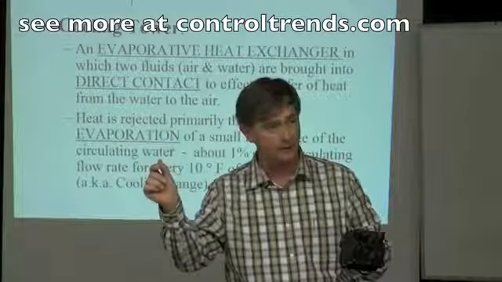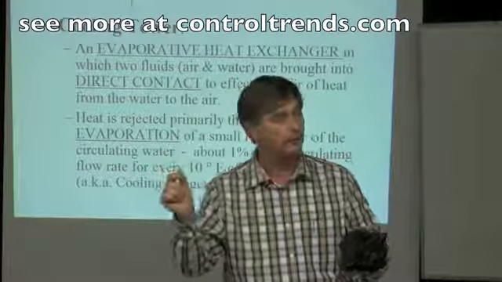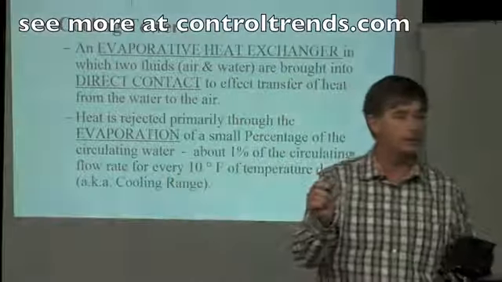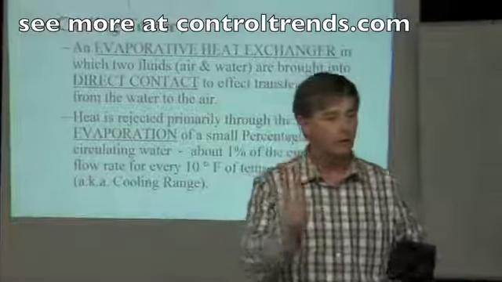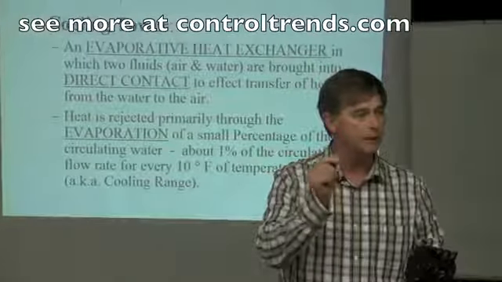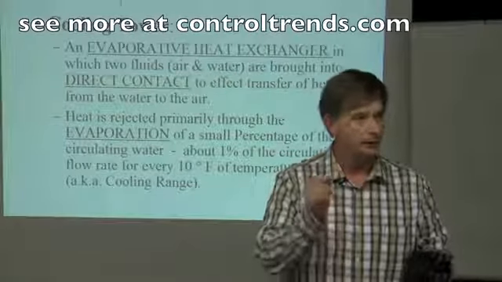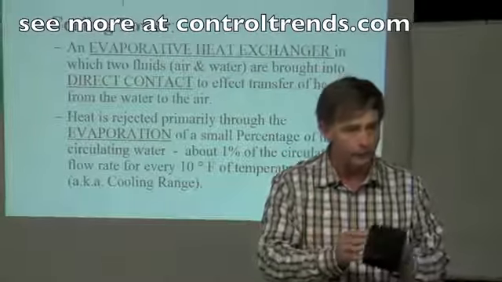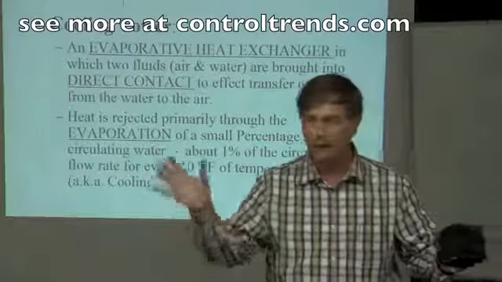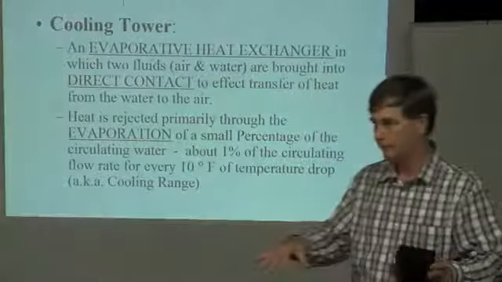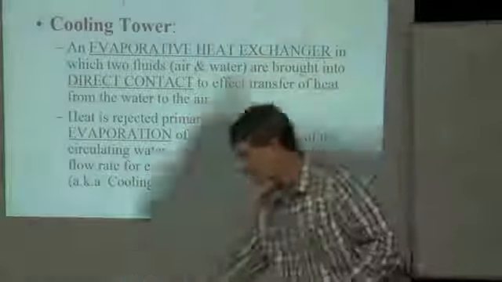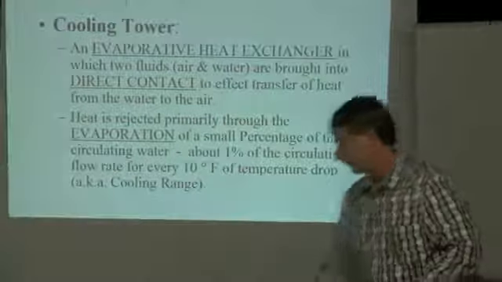It's a change of state that the work is being done. Latent heat of vaporization. A cooling tower does its work through evaporation. You evaporate better if you spread that water out and let that airflow get to it. All right, that's what it looks like.